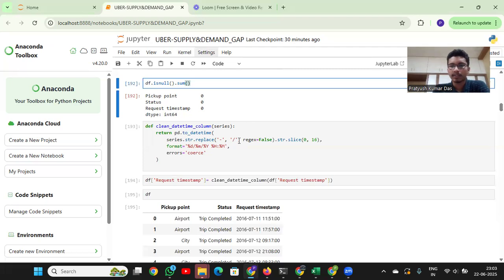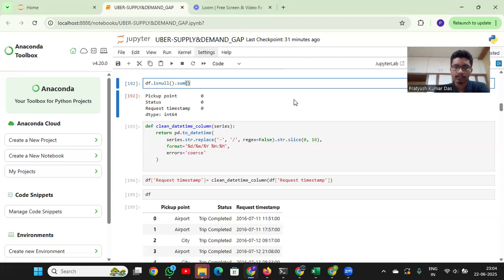We received the dataset where some entries had the timestamp with hyphens in between them. We just replace them with slashes, or we can replace the slashes with hyphens, so that the parsing becomes easier. And we didn't have to do it in Excel.